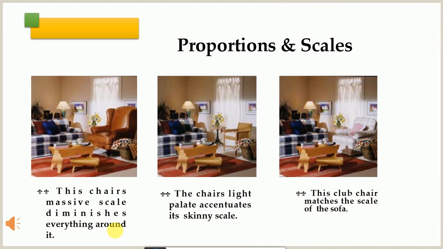In the first image, this chair's massive scale diminishes everything around it. In the second image, the chair's light palette accentuates its skinny scale. In the third image, this club chair matches the scale of the sofa.